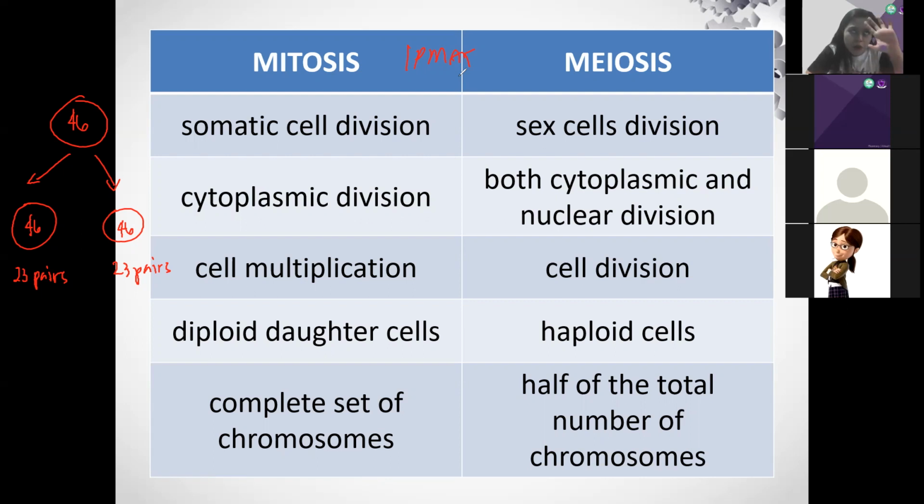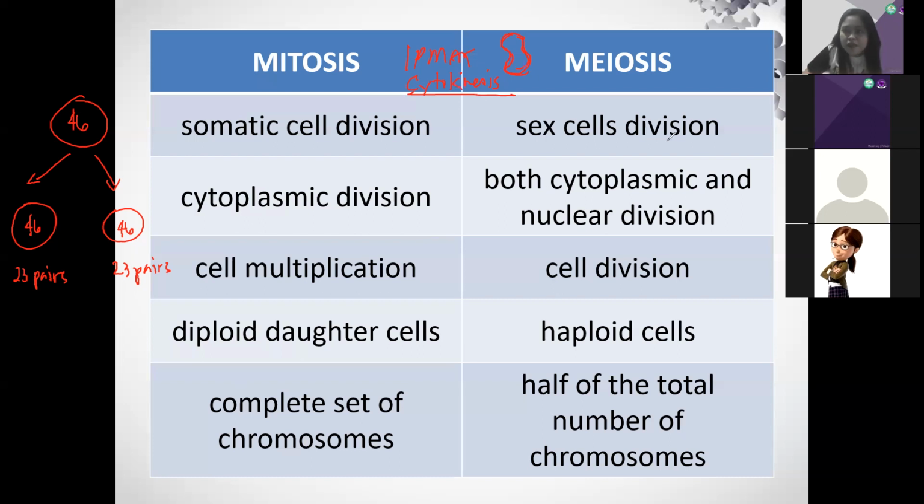One part will go to one side of the cell and the other part will be sa another side naman ng cell. And then the telophase is the formation of the cleavage. Pero when you say nag-divide na talaga, we call that cytokinesis. This is where the division really happens. Sa telophase, cleavage pa lang yon. Okay? Magaganyan pa lang yung cell mo. Magkakaroon ng cleavage. Okay? Pero again, take note that you will have diploid daughter cells here. This will contain complete sets of chromosomes.